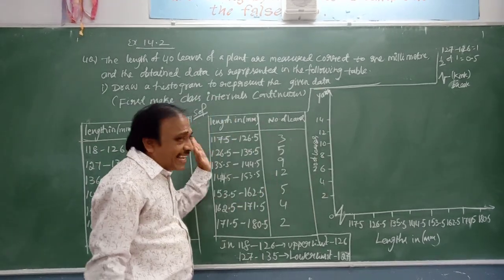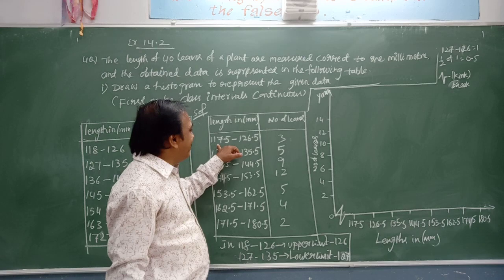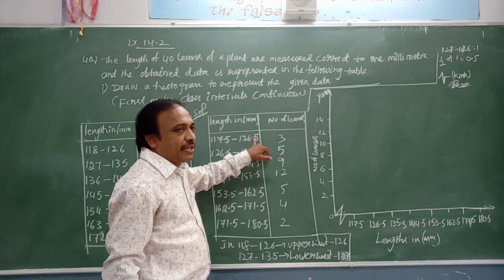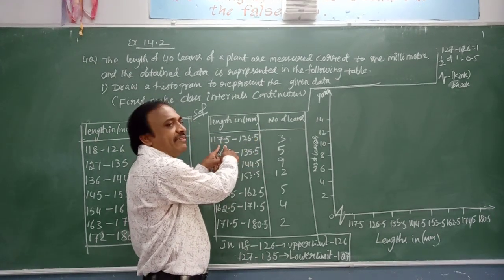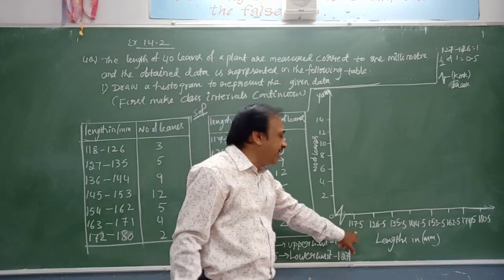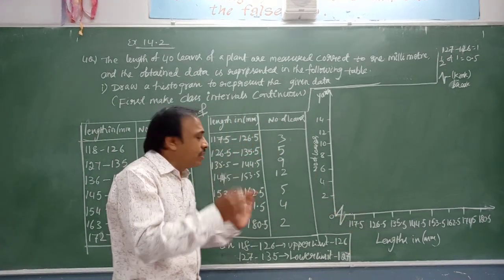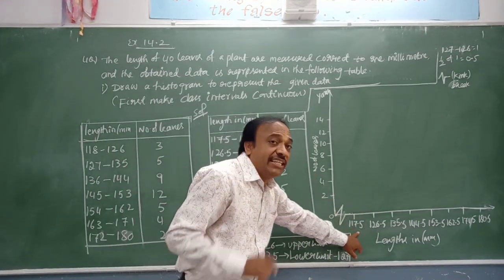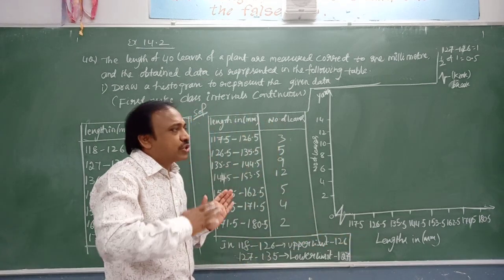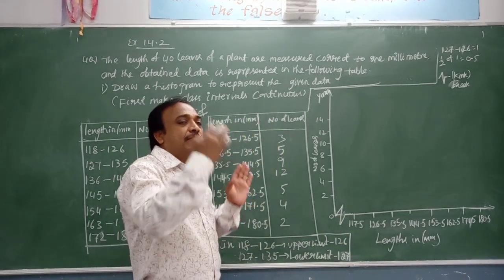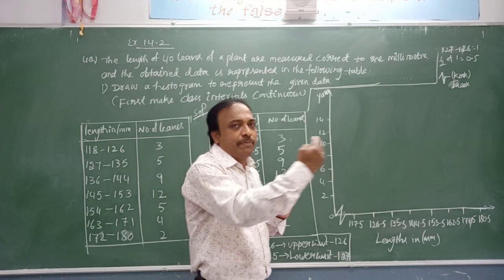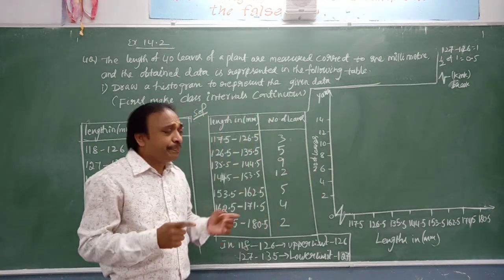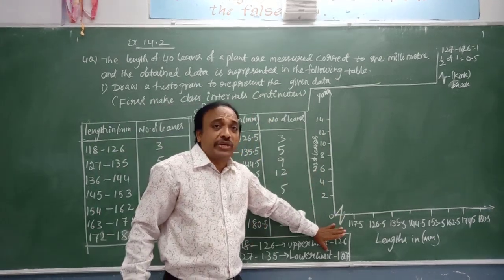You see now on the x-axis, 117.5 to 126.5. The starting value is 117.5. After 0, we have 117.5 immediately, so we are not showing the values from 0 to 117.5 on the graph.